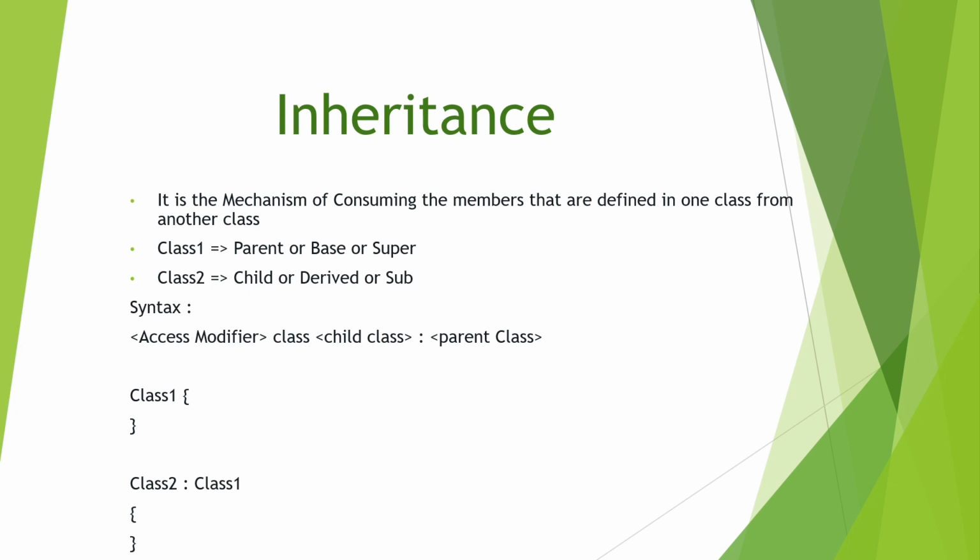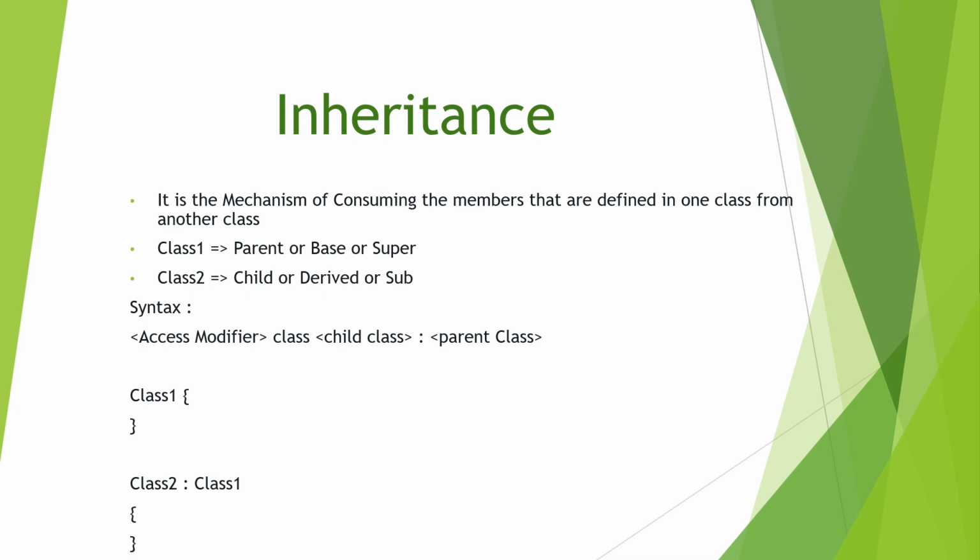From my previous videos, we are aware that a class is the collection of members. So now inheritance says that you can access these class members of one class through another class by establishing a parent-child relationship between the classes.